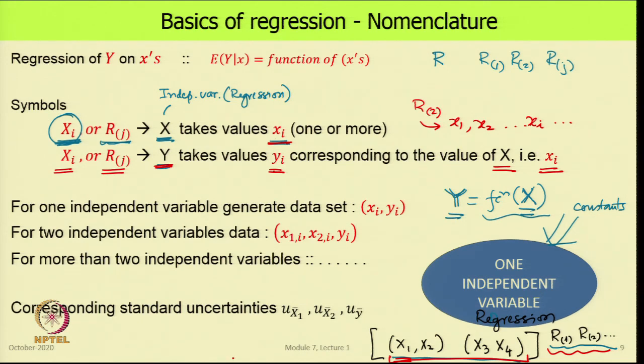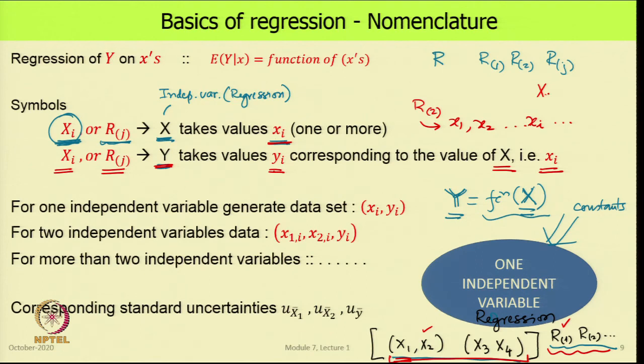So, our first number could be a result R1, and we want to make a regression with x2. Then the first value of R1, which will be small x1, must correspond to that same data set from which this calculation was done. So, it will be the first value of x2.